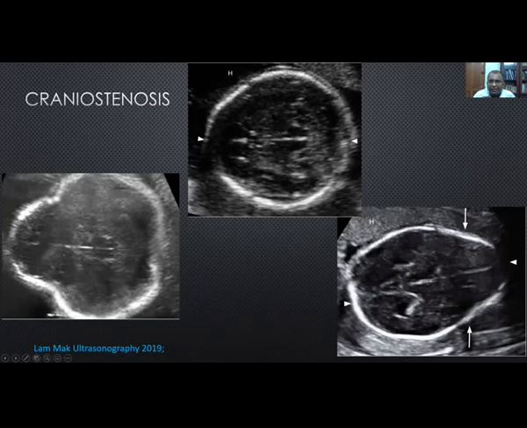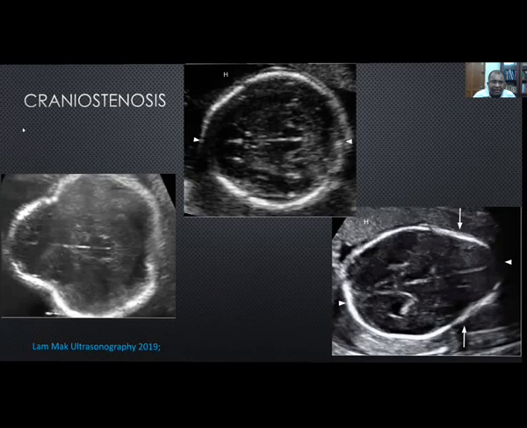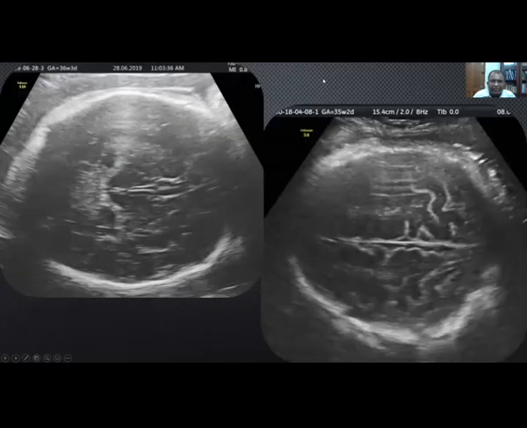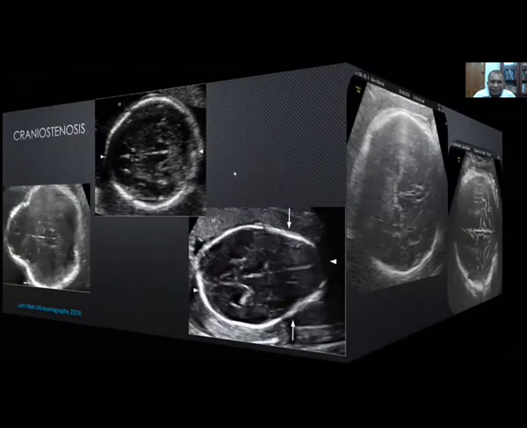Coronal suture craniosynostosis, scaphocephaly, sagittal suture. This is the typical cloverleaf skull, with both coronal and sagittal sutures involved. This is typical in some syndromes, such as Carpenter's and others. So these are the diagnoses. And of course, brachycephaly can also be seen downstream.